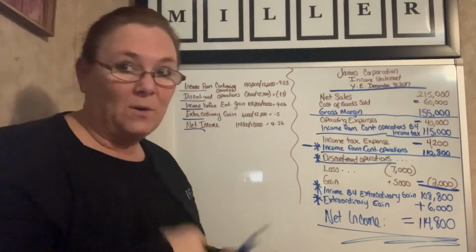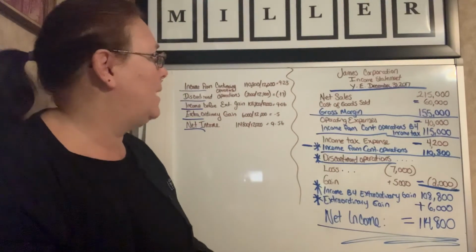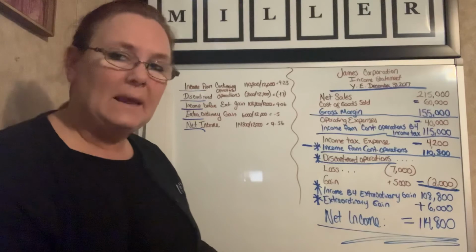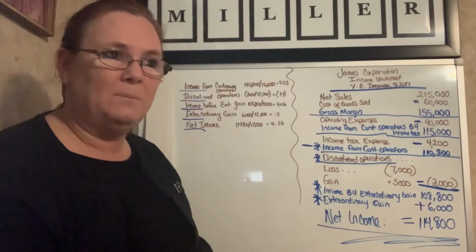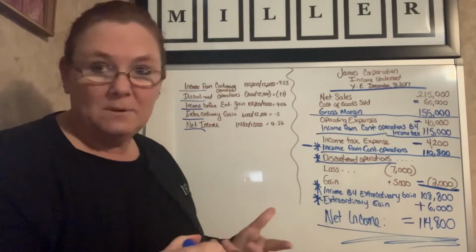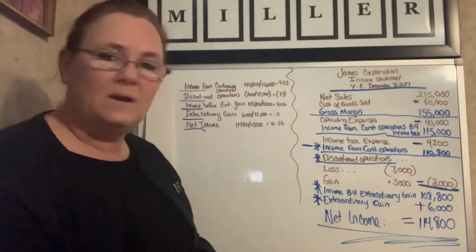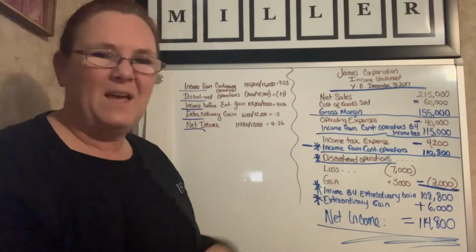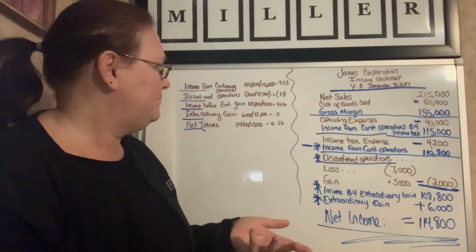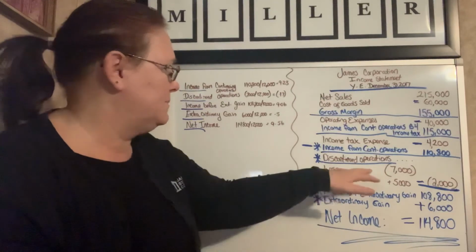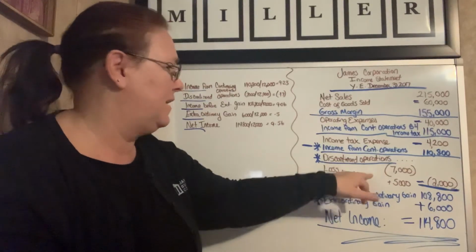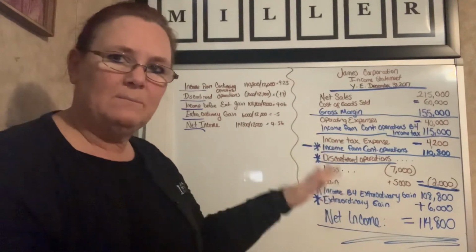So you can play this video again and again to get the premise of it. Keep it on hand because I am going to ask you to do a couple of the book's problems going through corporate income statements. They're pretty much all the same. They have some different numbers that they use, and sometimes you'll have a loss and a loss, sometimes you'll have a gain and a gain, but it's all the same premise.